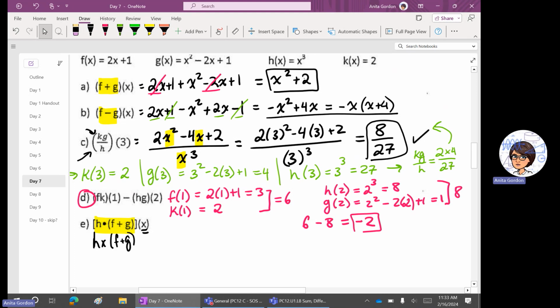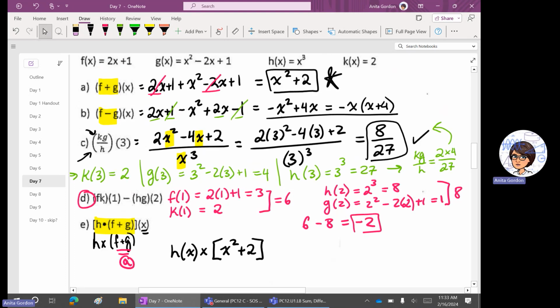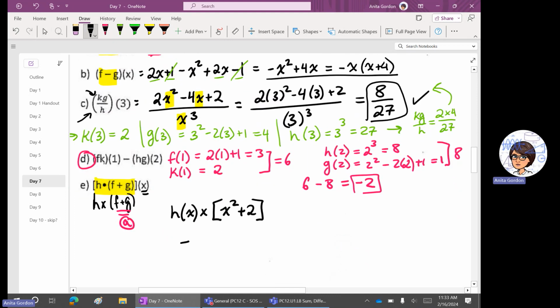F plus G, we actually did this in example A. So this is actually going to be function h of x times x squared plus 2, because we did this up here. So h of x is x cubed.